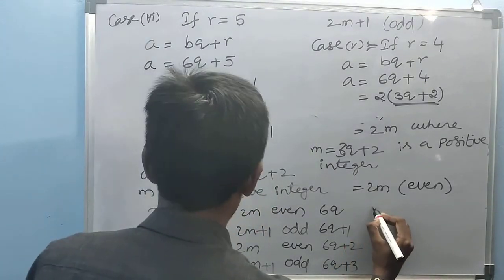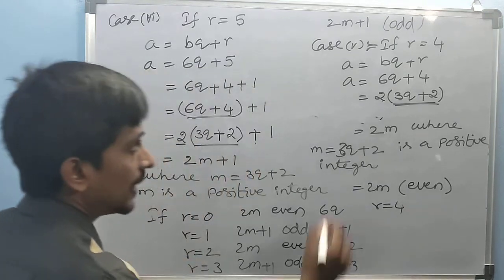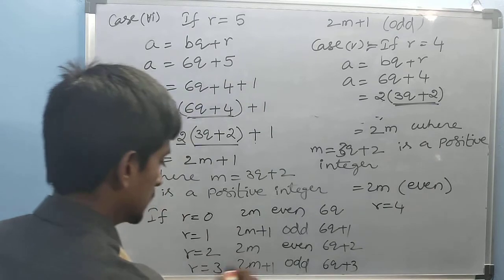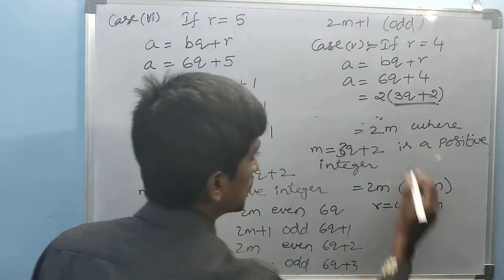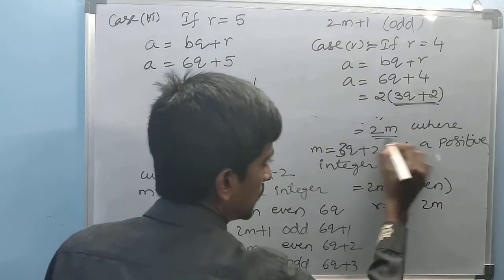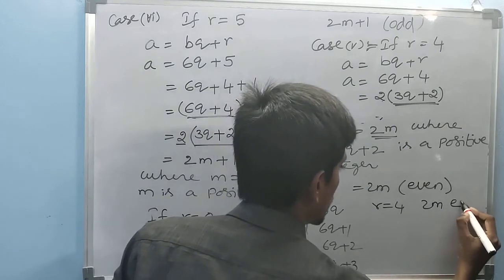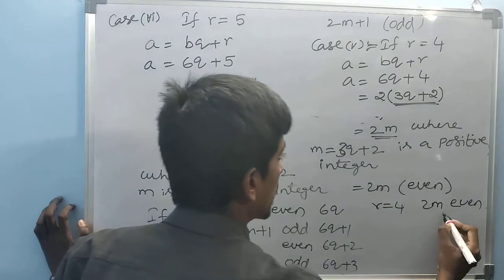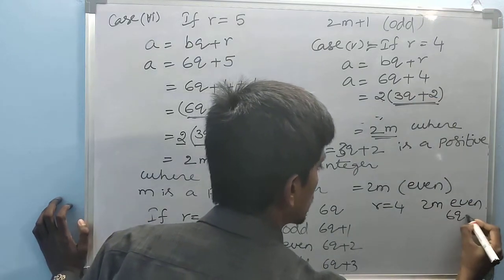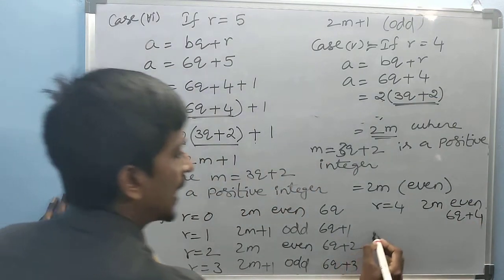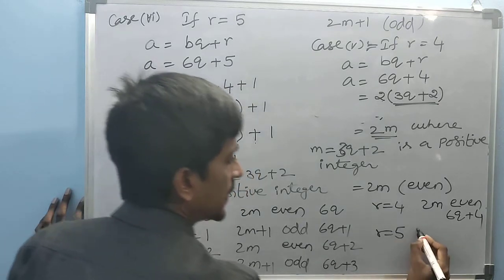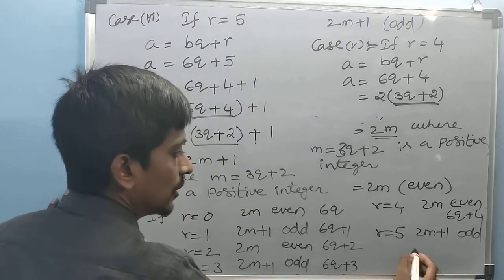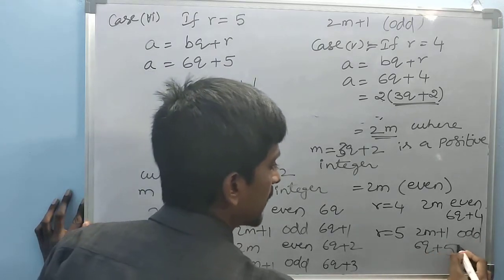Now case r equals 4: 6q plus 4. That is the 2m form, so it is an even number. r equals 5 is 2m plus 1, an odd number. So that is 6q plus 5.